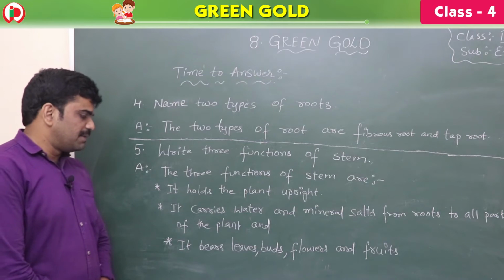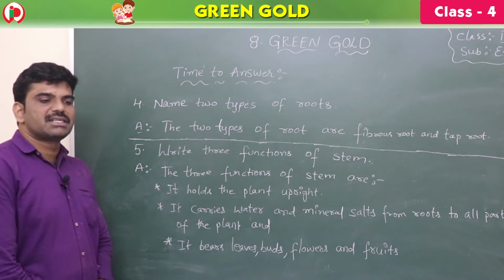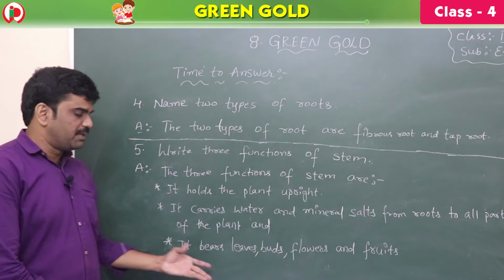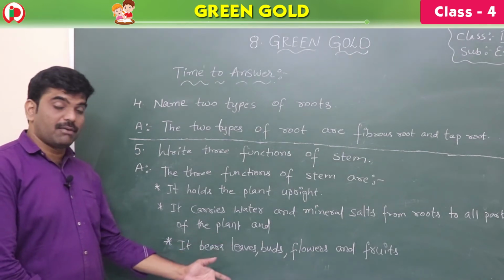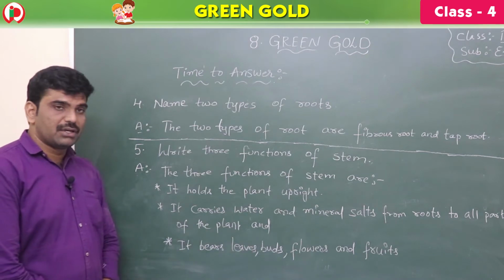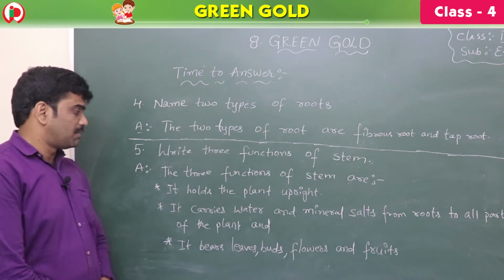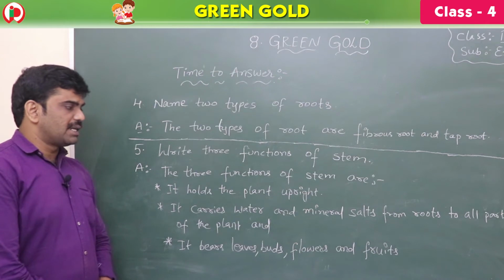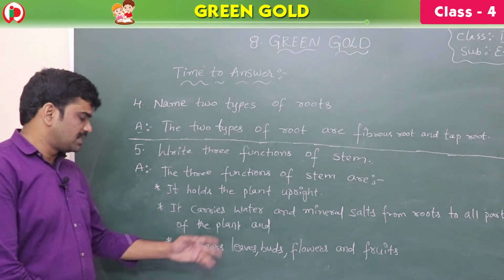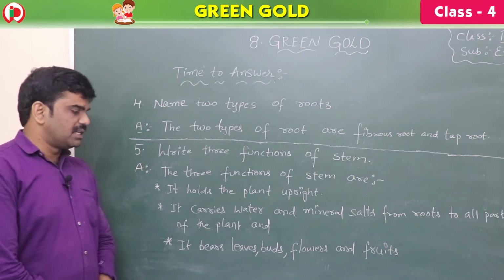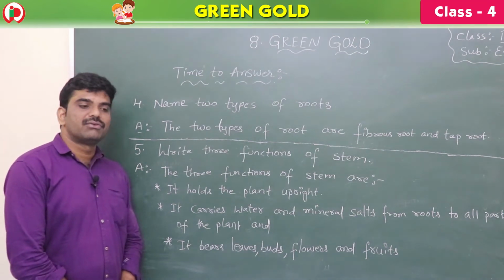And it bears leaves, buds, flowers and fruits. The leaves are present on the stem, flowers, buds and even fruits. So the three functions are, it holds the plant upright, it carries water and mineral salts from roots to all the parts of a plant, and it bears leaves, buds, flowers and fruits.